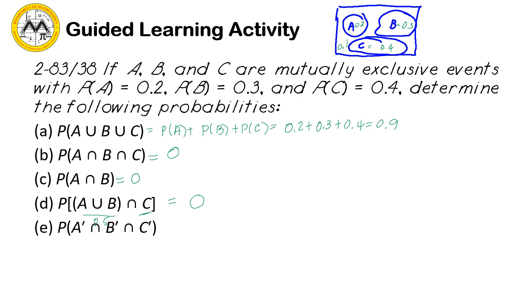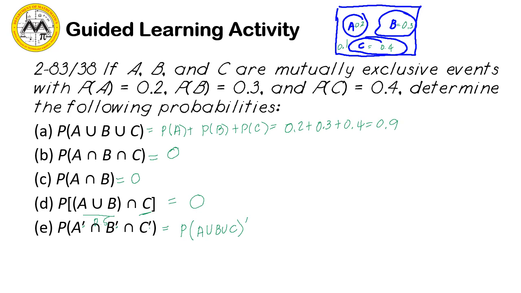How about A prime intersection B prime intersection C prime? For this one, we can use De Morgan's theorem. This would be equal to (A union B union C) prime. We will be inverting the senses: A prime, B prime, C prime would become A, B, C, and the intersections would now be unions, and then we take the complement.